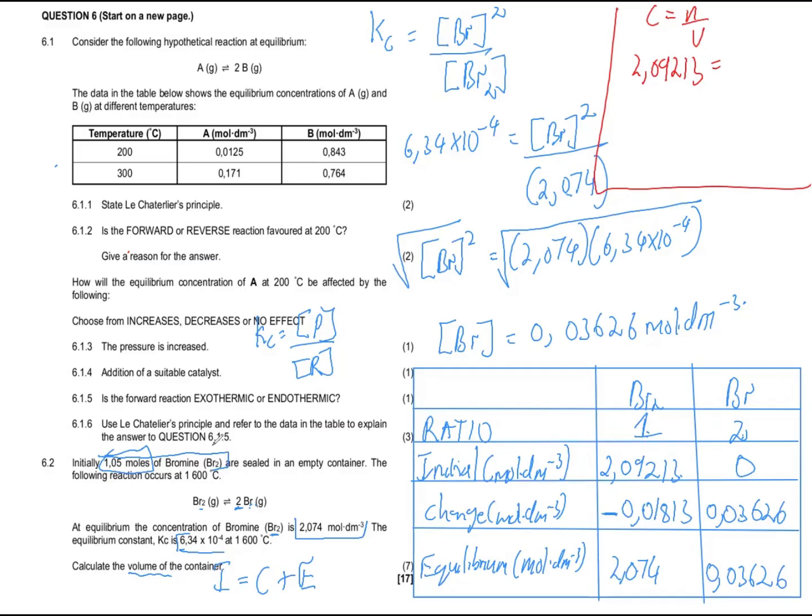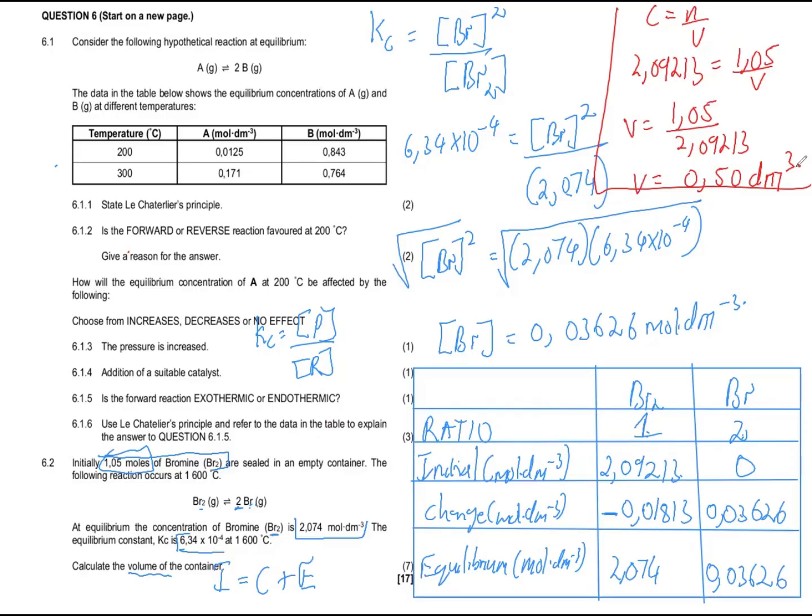Where is it? 1.05. And then over the volume. Now, obviously, what we need to do is say volume is 1.05 divided by 2.09213. And then the volume becomes what? 0.50 cubic decimeters.